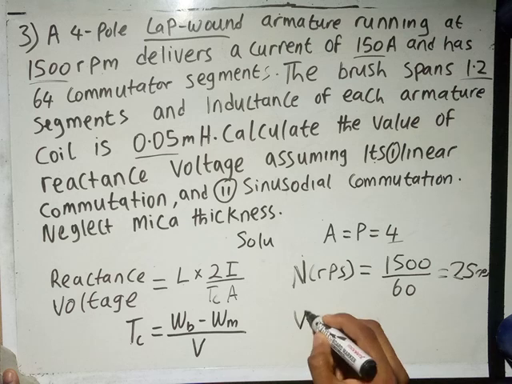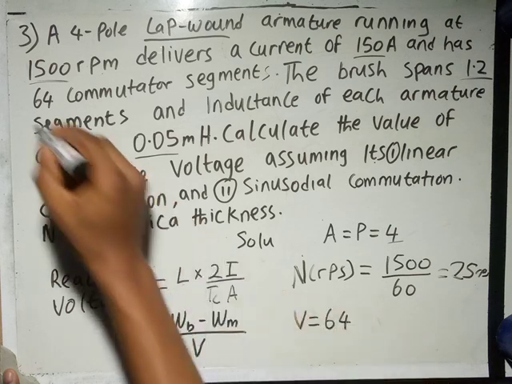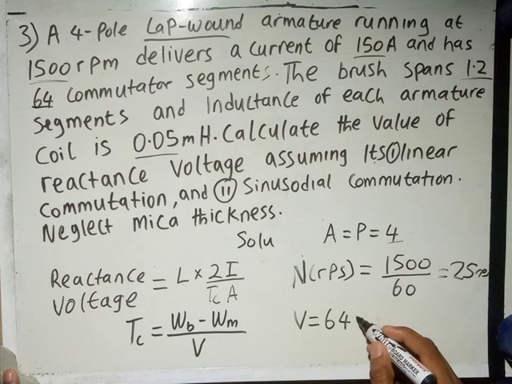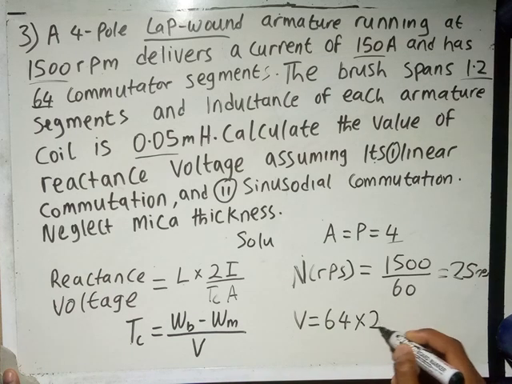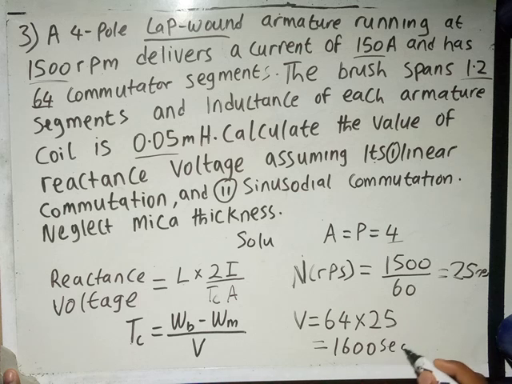So we have that V is equal to 64 times 25, and we have that our answer is 1600 segments per second.